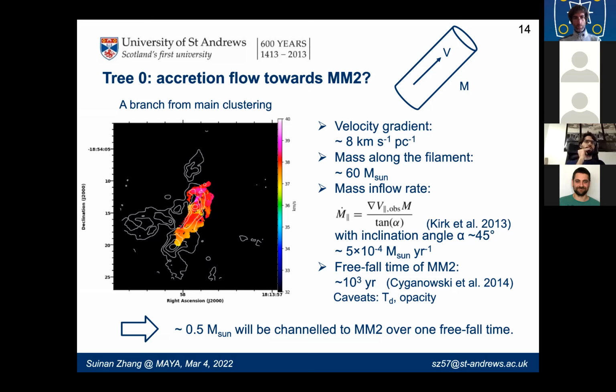We want to note that there are some caveats in this free fall time estimate, for example, the uncertainties of the dust temperature, and also this work didn't consider opacity correction for the density estimation. But for a quick and rough estimate, using this 1,000 years, we can obtain about 0.5 solar masses that will be channeled to MM2 by this accretion flow over one free fall time.